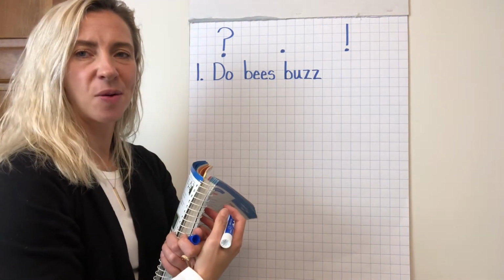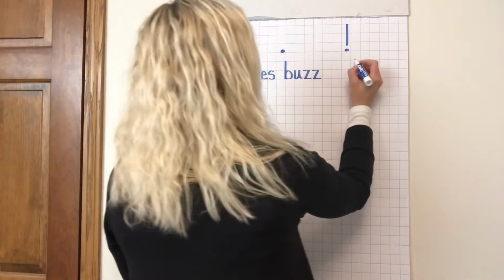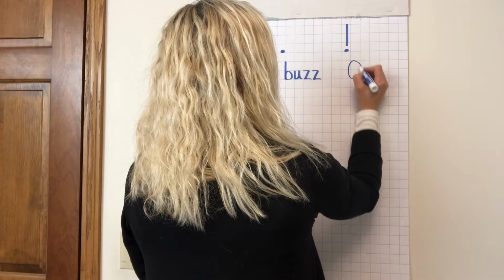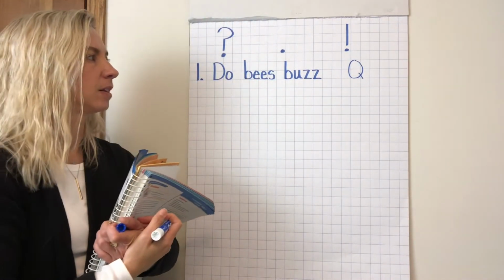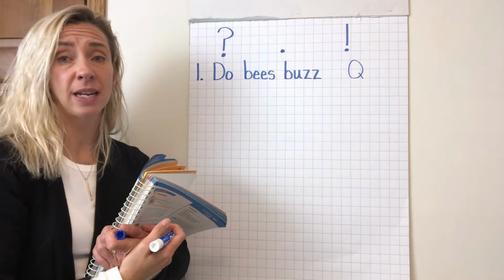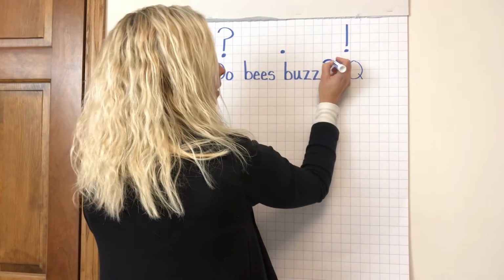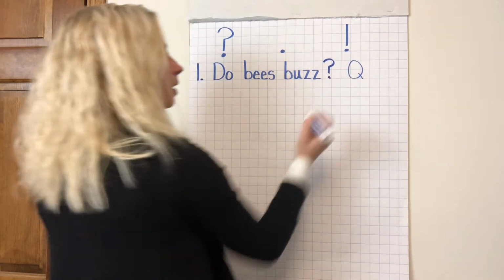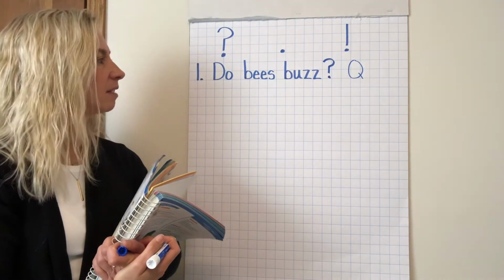Question or telling? It's a question, so let's do a big Q at the end. Good. And so what punctuation would I need? I would need that question mark. Let's make that question mark. There we go. That's number 1. All right, number 2.